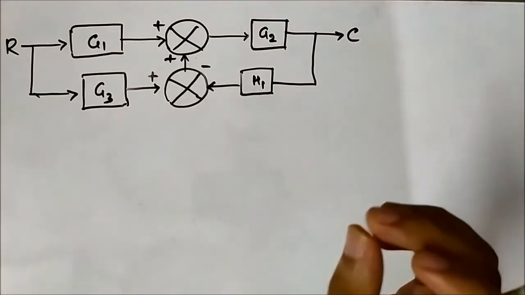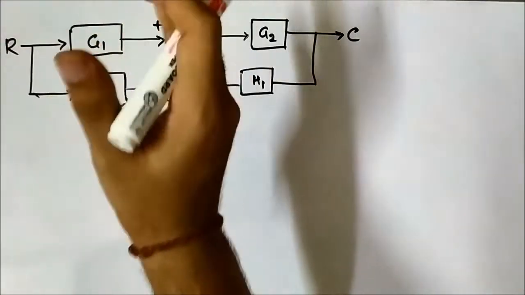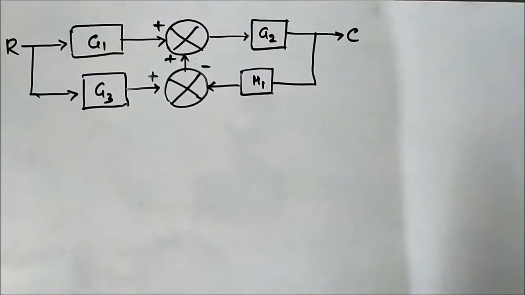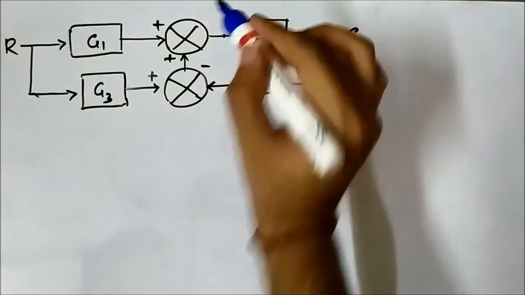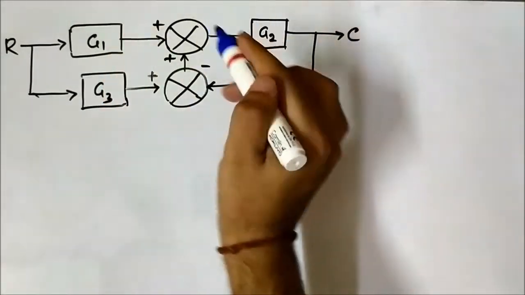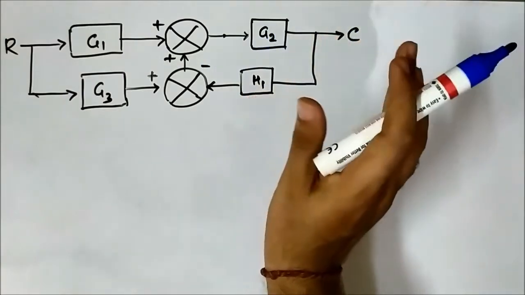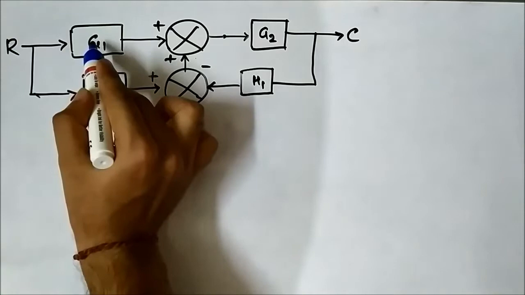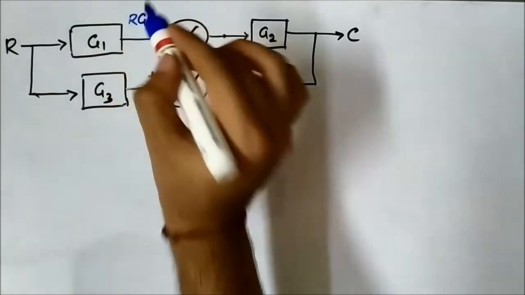We have to consider the output of these summing points. Let us consider this point here. What is the output at this point? The input to block G2. Here the input to this block is R, so the output will be R G1.